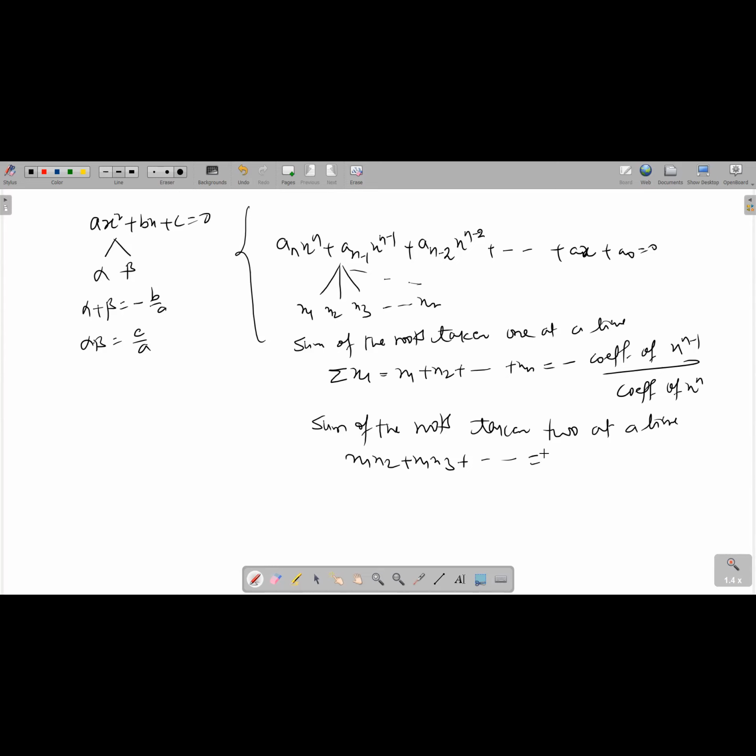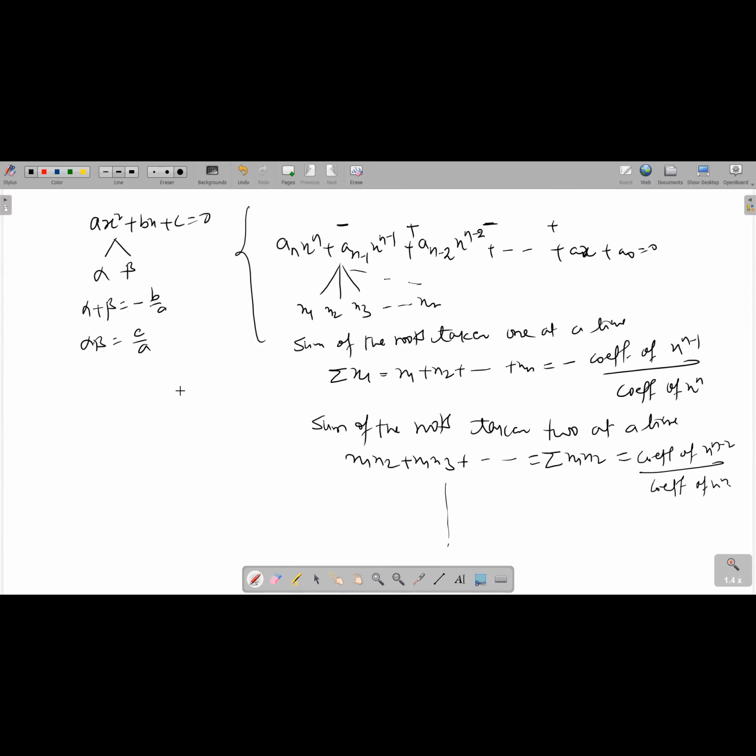We can simply write this as summation x1 into x2 equal to plus coefficient of x raised to n minus 2 upon coefficient of x raised to n. We'll start with minus, plus, minus, plus. This is the convention, alternate plus and minus signs we have to take. And like that, we'll keep on going, right?